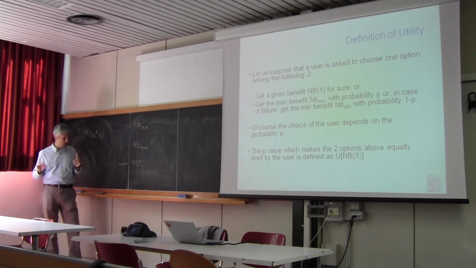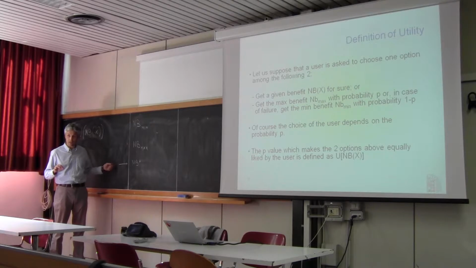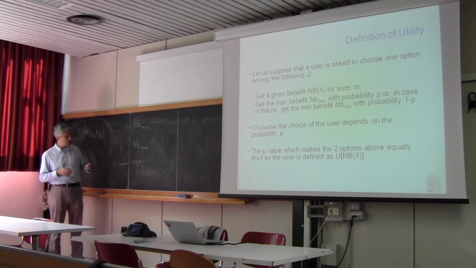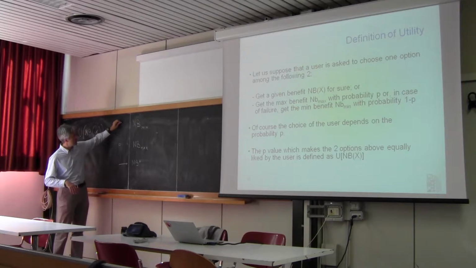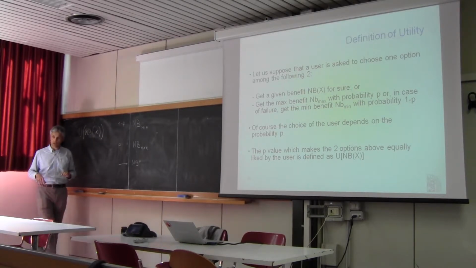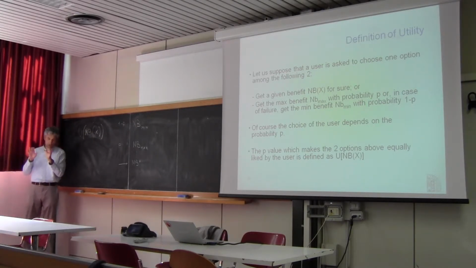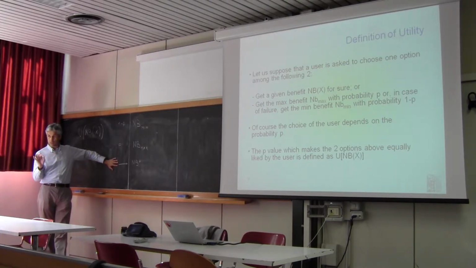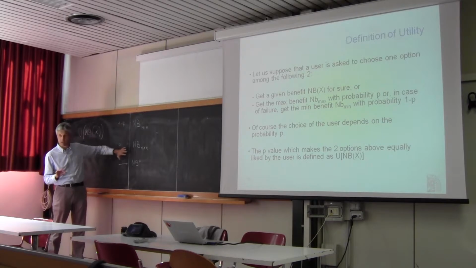Or the alternative to giving the net benefit NB star for sure is, I may offer you a situation in which you can get the maximum benefit with probability P, or the minimum benefit with probability 1 minus P. So let me clarify these two options. One option is for sure you get NB star, which is between min and max.